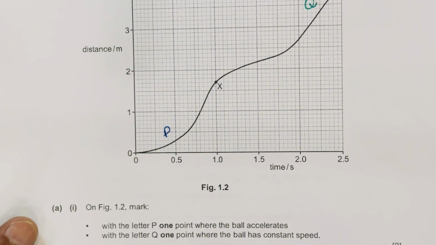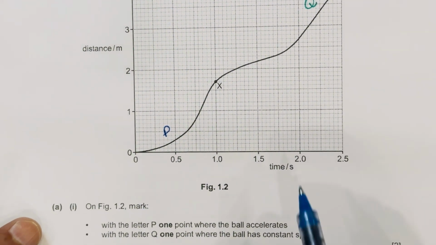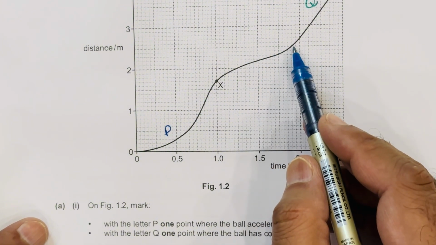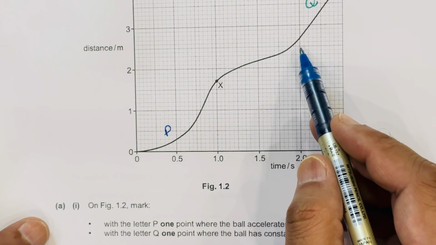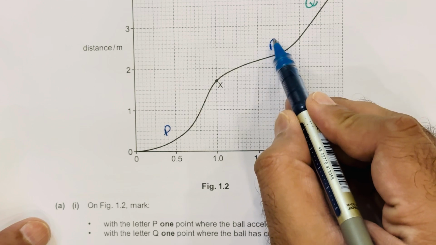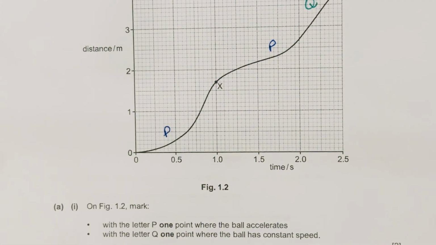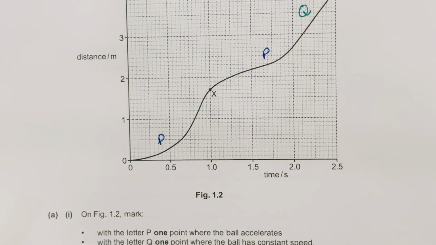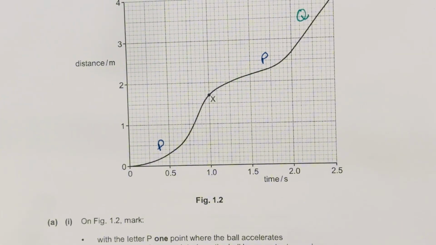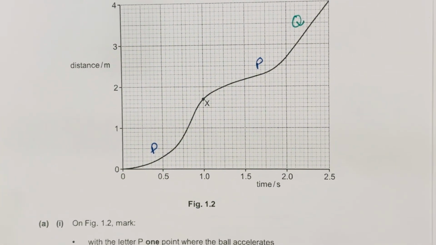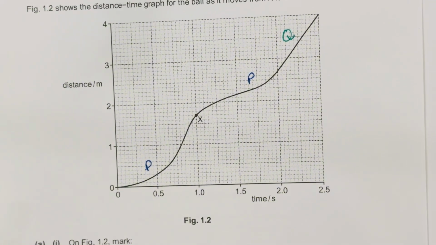From the graph we can see it would be like that, from this portion to this portion that object is being accelerated. So even if you write 1 P, it will be considered correct, but it is necessary that you know that at both these points the object is accelerating.